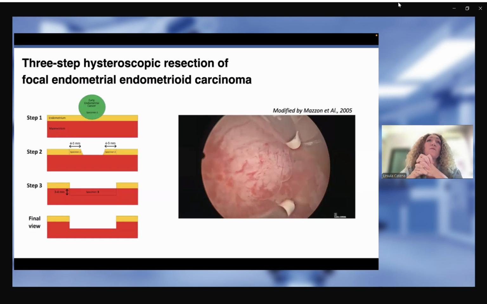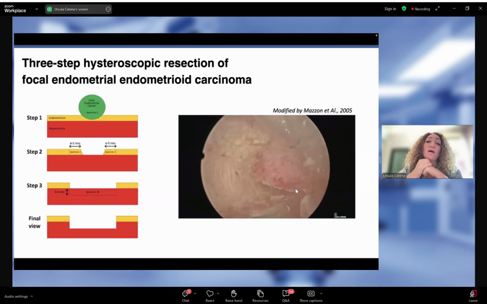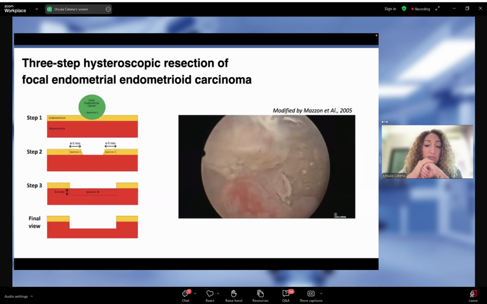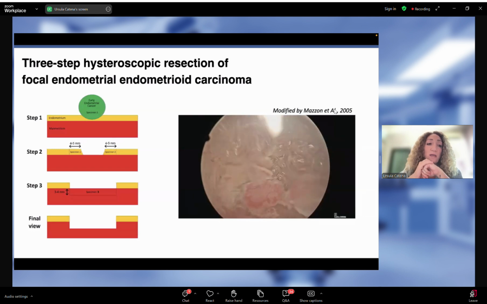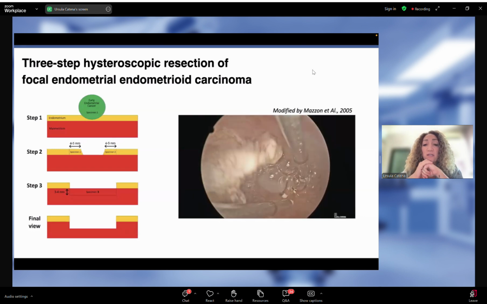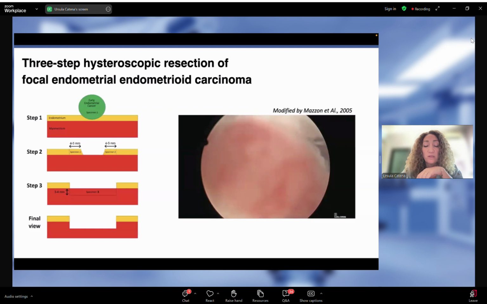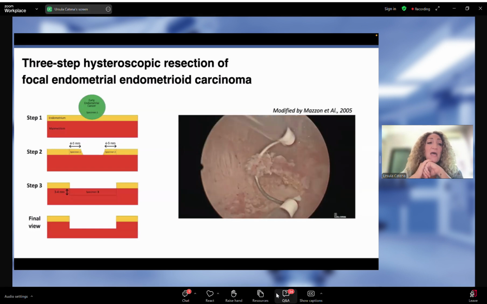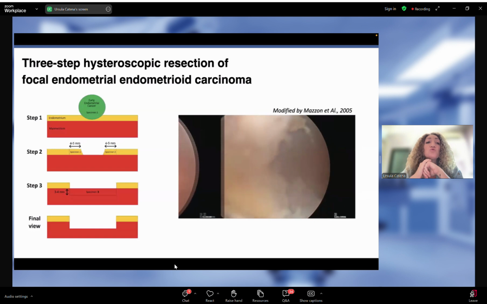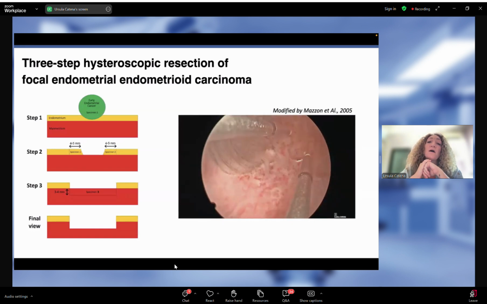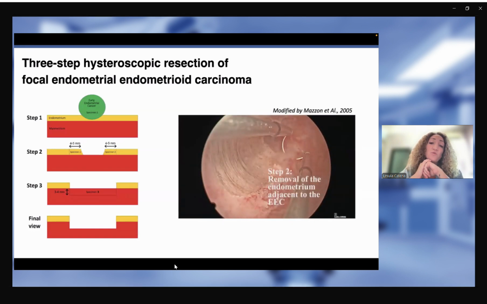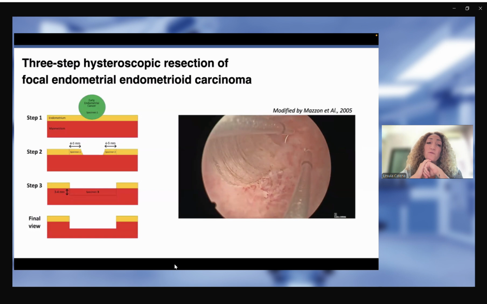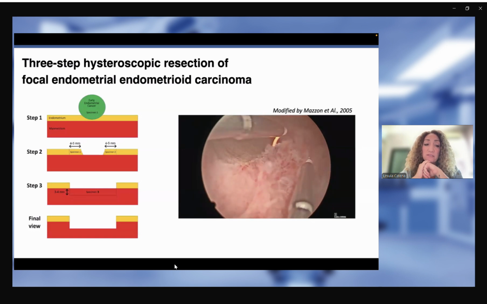This was one of the first videos of Attilio about this technique, in which we removed the lesion. At that time, we did it with a 26 French resectoscope. The second step is to remove the endometrium near the lesion for 4-5 millimeters.